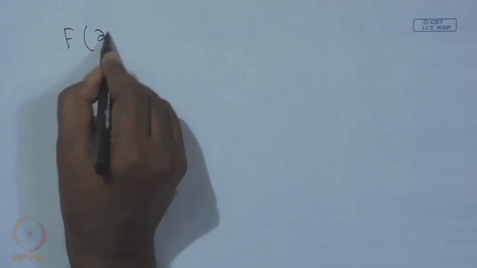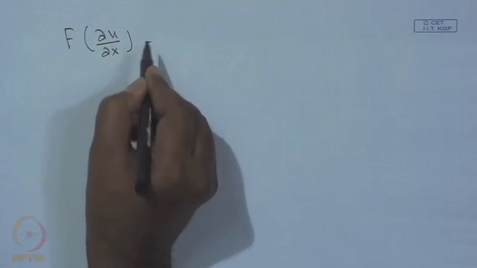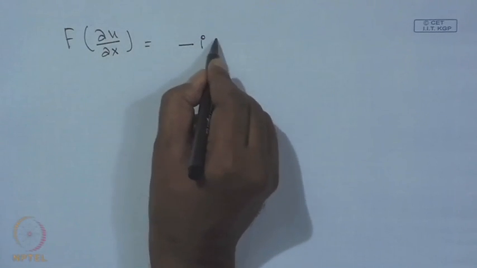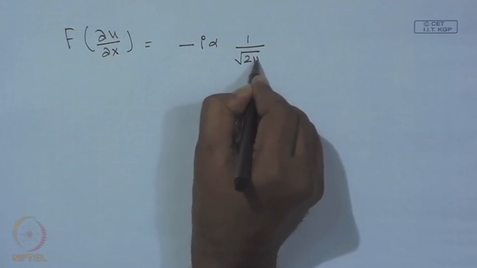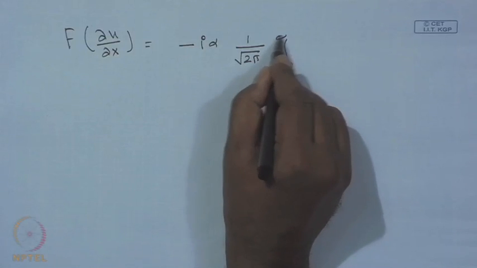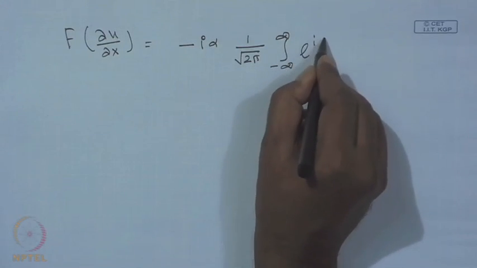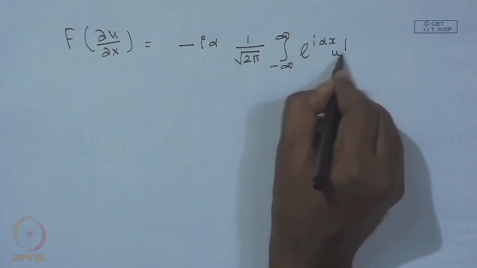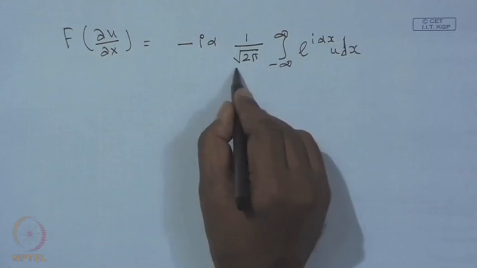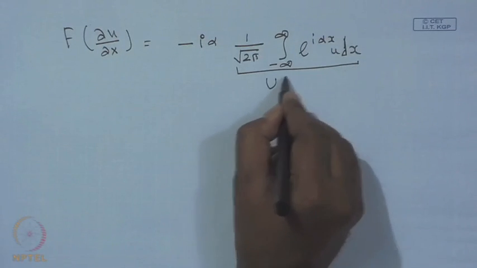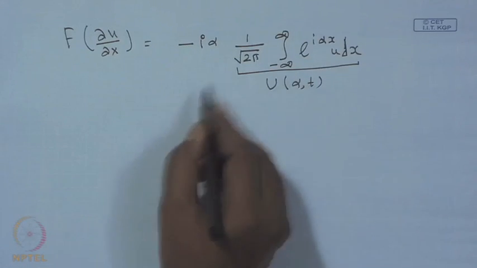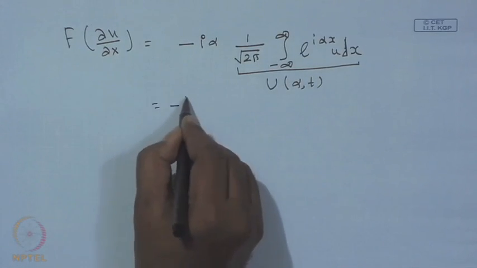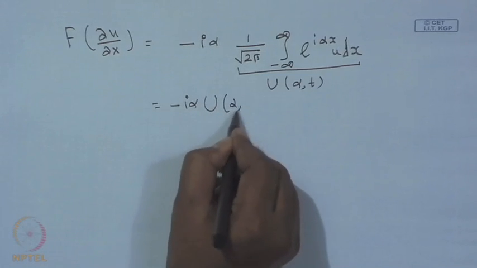So, we write it down as the Fourier transform of del u del x is equal to minus i alpha times 1 over root 2 pi, integral from minus infinity to plus infinity of e to the power i alpha x u dx, and this is nothing but capital U(alpha, t), the Fourier transform of u. So, it is minus i alpha U(alpha, t).